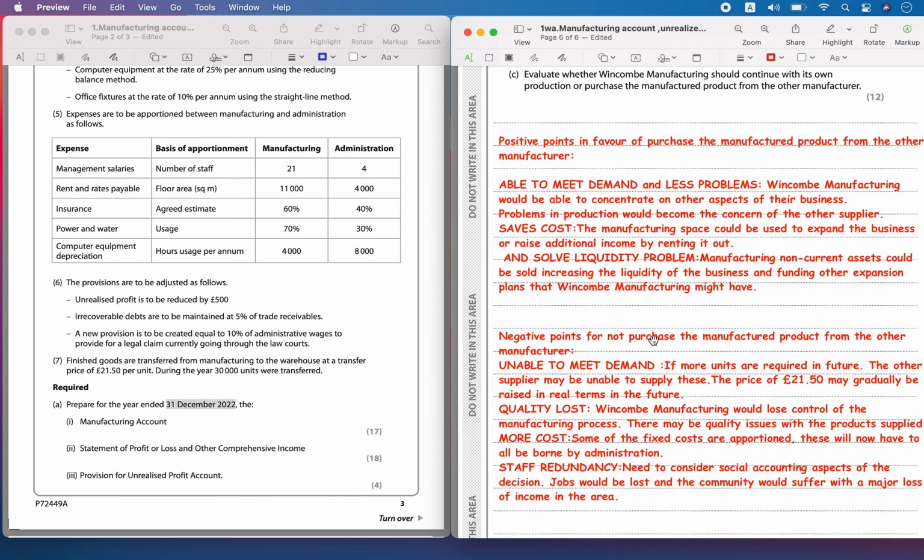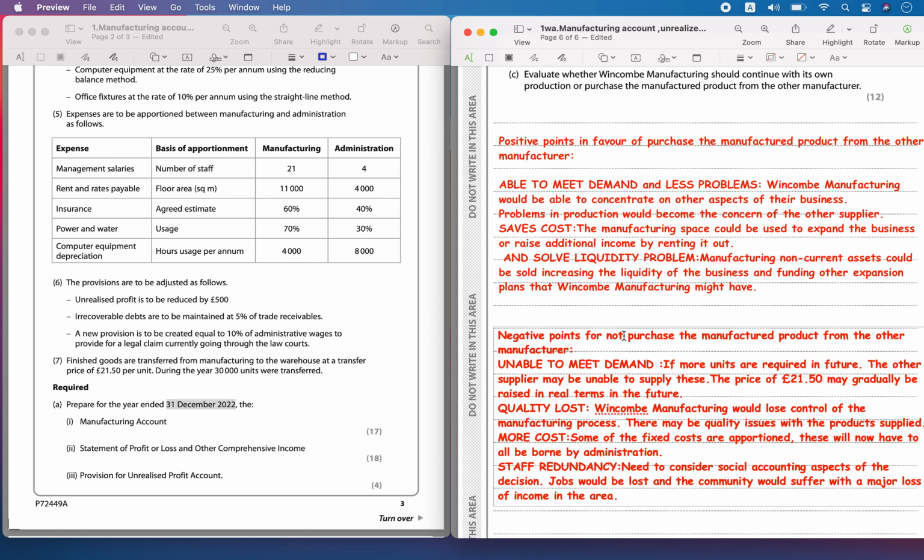But let's look at the negative points for purchasing the manufactured product from the other manufacturer. Sometimes he will still not be able to meet demand if they are not able to produce the same number of units. Also the price is 21.50 pounds and it can increase in the future.